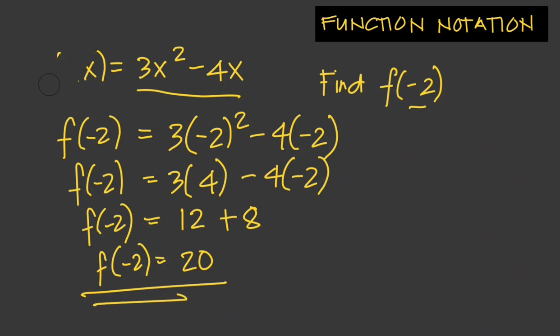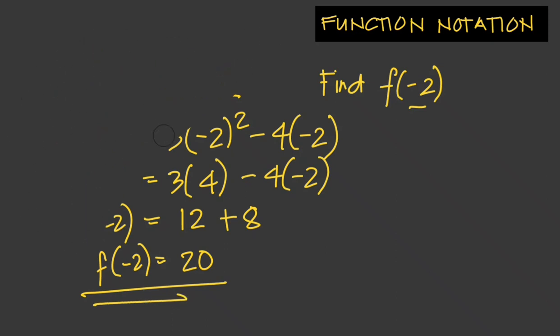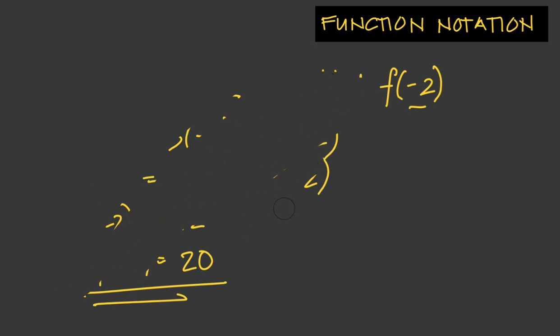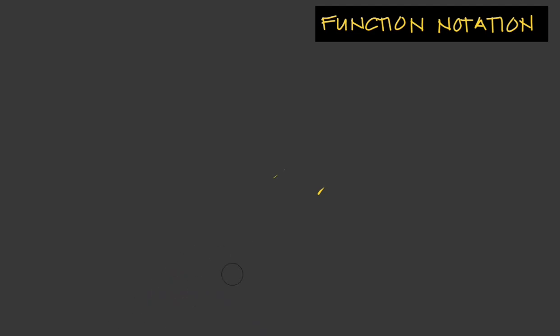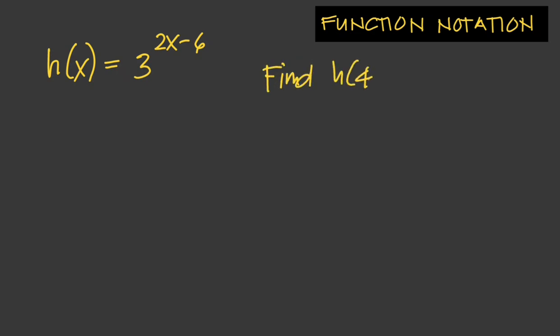Okay, let's try another example. Let's say we're given h of x is equal to 3 to the power of 2x minus 6. Then we're asked to find h of 4.